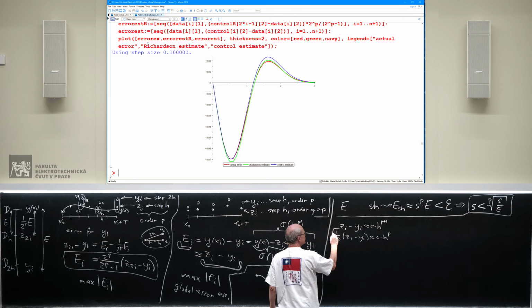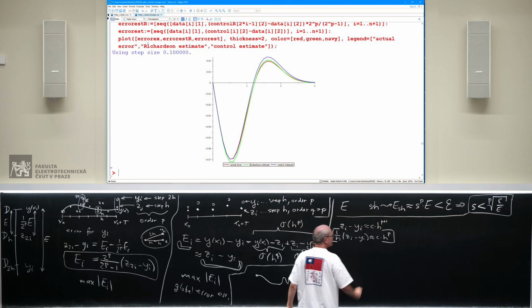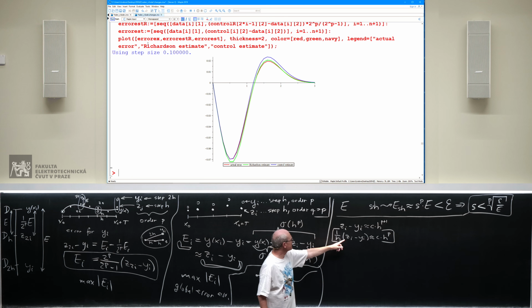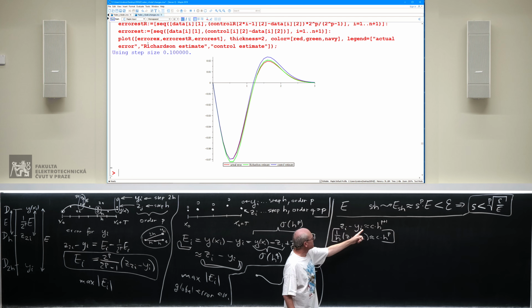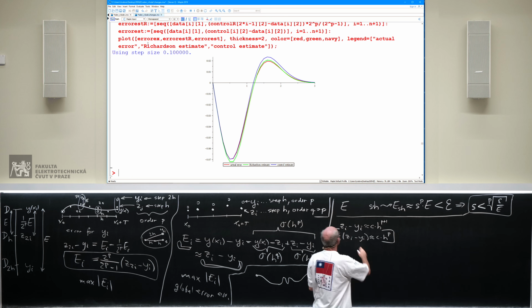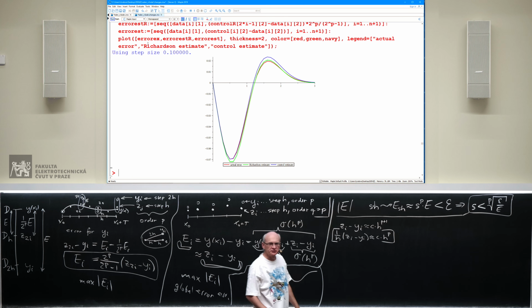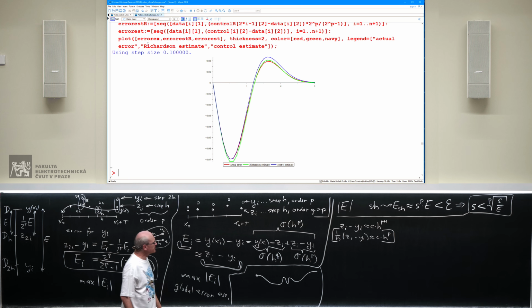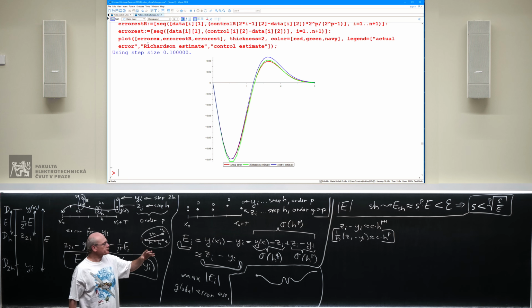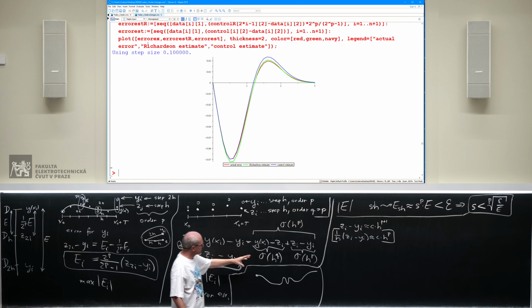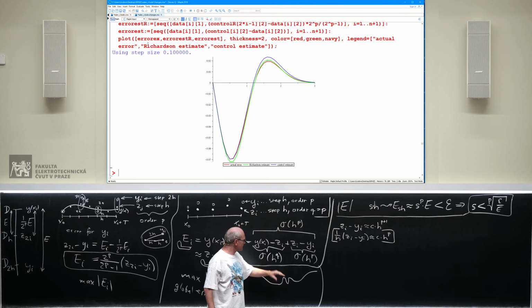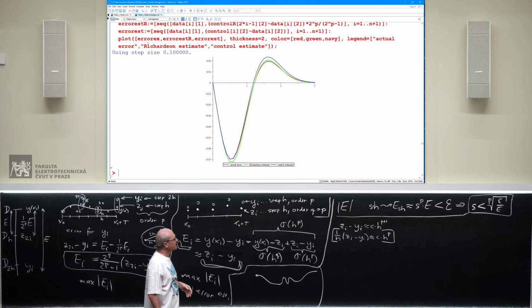So this is something that we will shortly see, this expression, 1 over H times Zi minus Yi, of course in absolute value. We are here asking about the magnitude of the error. This allows one to solve even difficult differential equations rather efficiently because you are not wasting your time on sections which are quite okay.